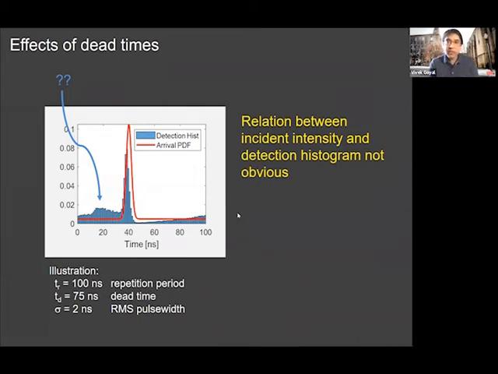That's also possible. These are all reasonable interpretations, even when the scene is so simple, having just a single reflector. So because of this kind of complexity in the measured data, it's worthwhile to carefully consider dead time effects.